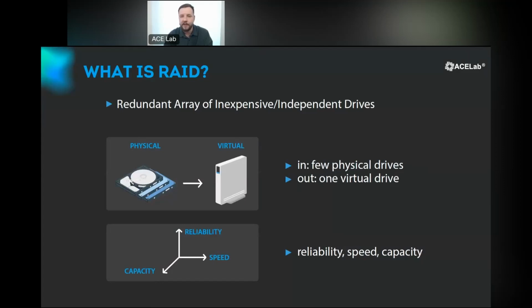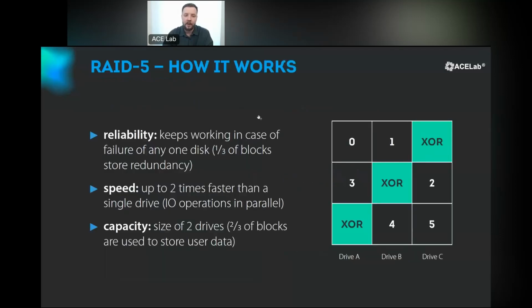You have a few physical drives, and instead of these physical drives, you get one virtual drive that has some characteristics better than those of one drive. For example, RAID can be faster, more reliable, and can have bigger capacity.